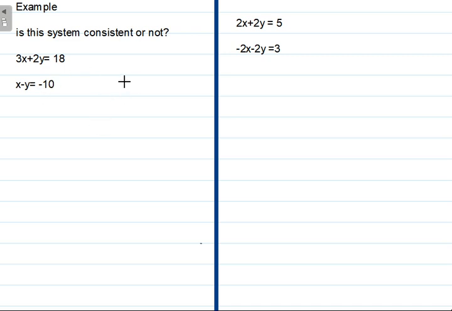If both lines intersect in at least one point, then the system will be consistent. If they don't, or if they are parallel, then the system is called inconsistent. So in order to represent this, I need 2 points for each line.